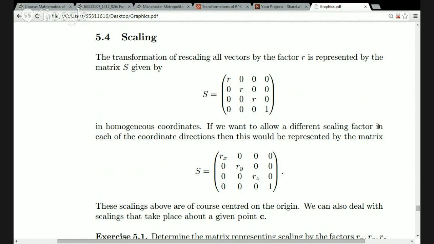If you did want to allow different scaling factors in the different coordinate directions, so you want to stretch things out a lot, say in the x direction, maybe squash things down in the y direction, maybe only stretch them out a little bit in the z direction, then you could use 3 different scaling factors in those directions. And so you could use a more sophisticated scaling matrix S like this.